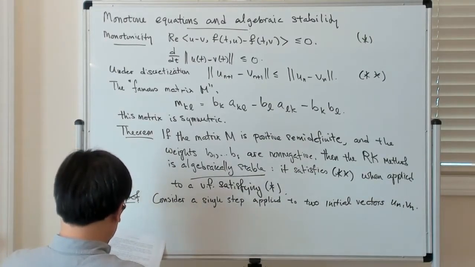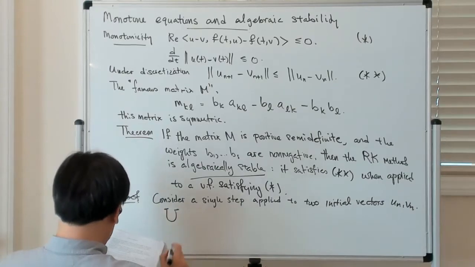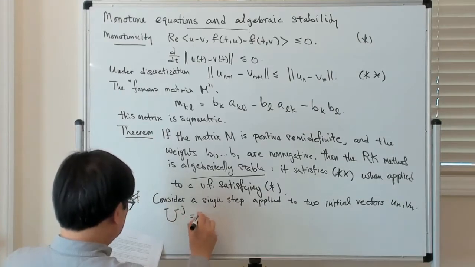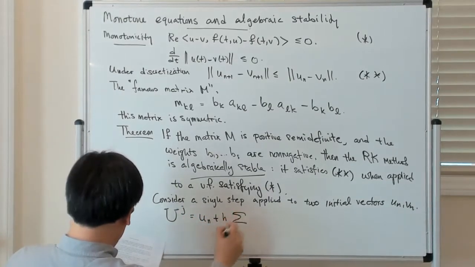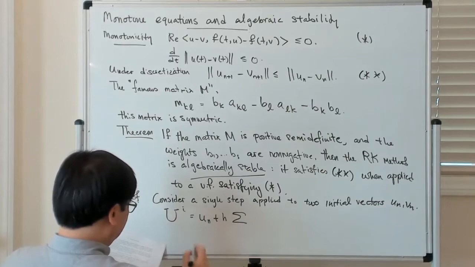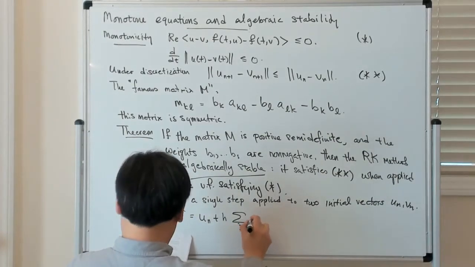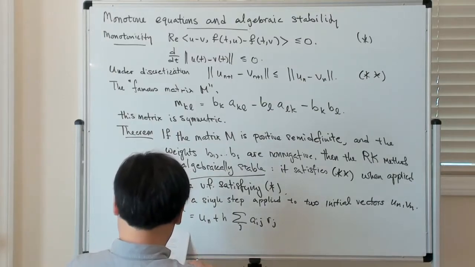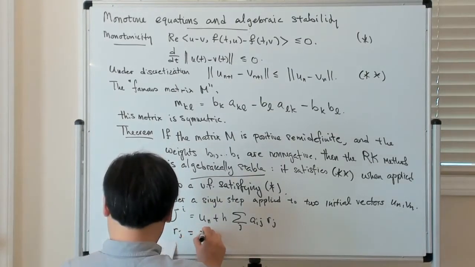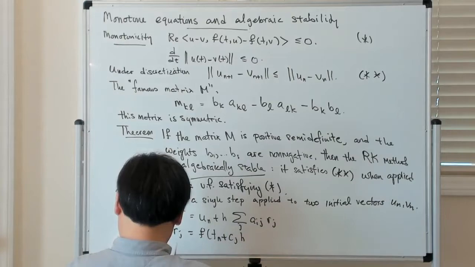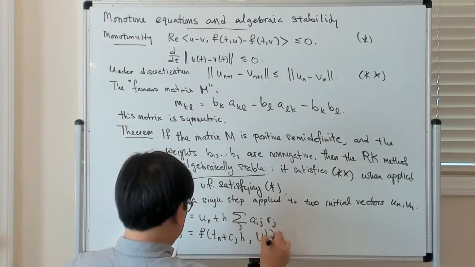Okay, so big Ui is equal to Un plus H, the sum over j of Aij Rj. And then Rj is just f evaluated at tn plus Cjh, Uj.